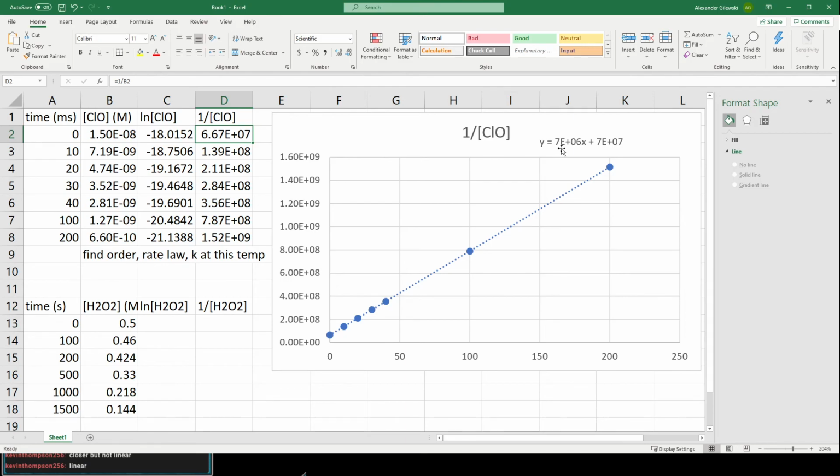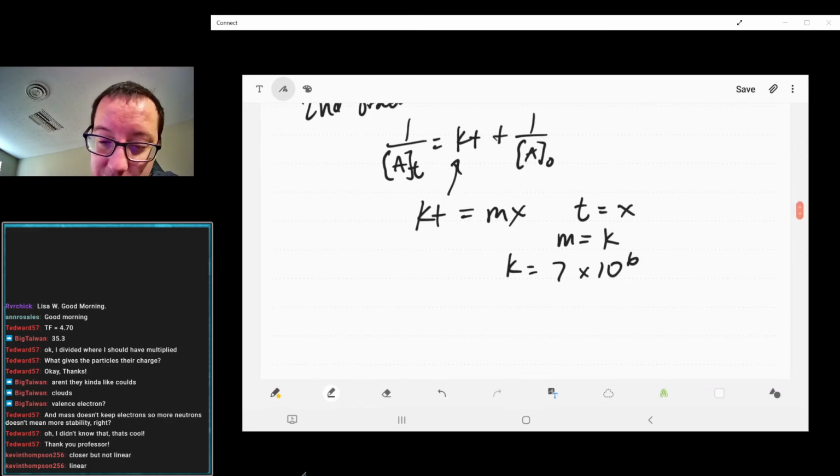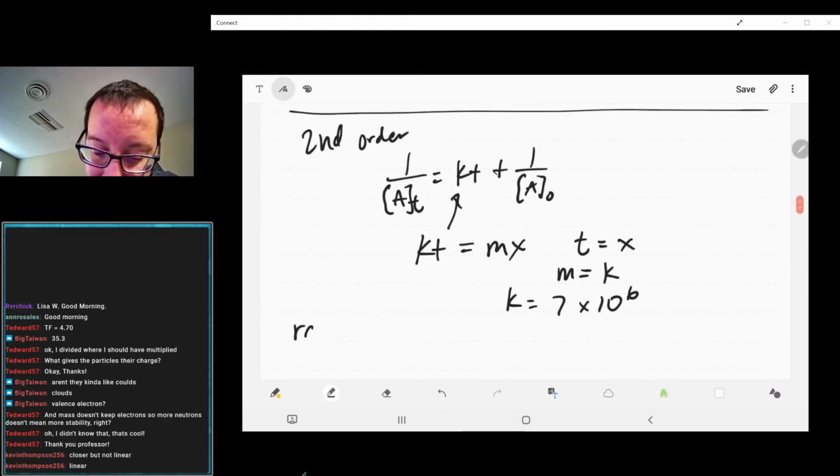Just have Excel do it. It's a lot easier. And so for this particular problem, we're going to see that k is equal to 7 times 10 to the 6th for our rate constant.